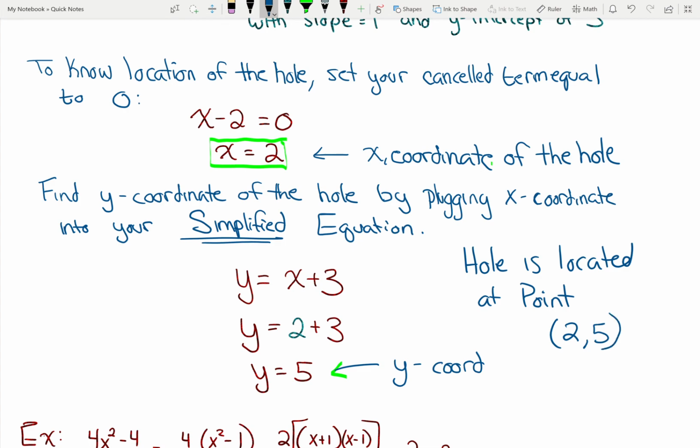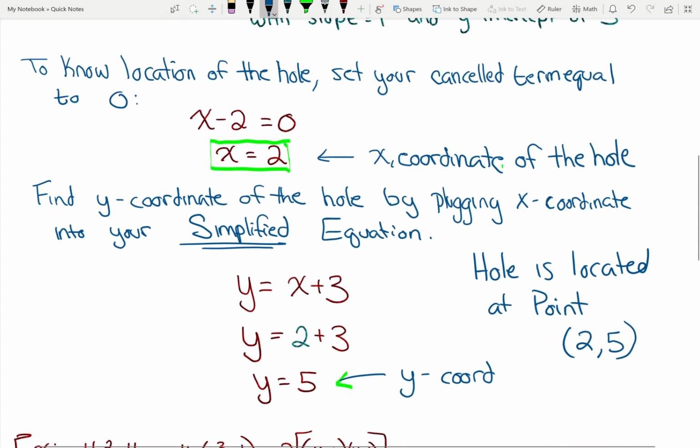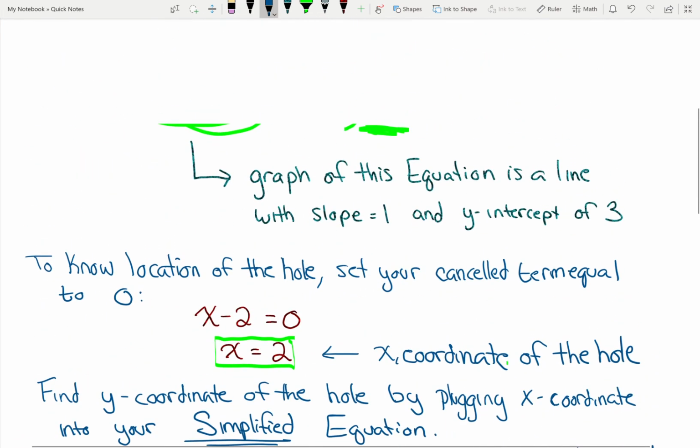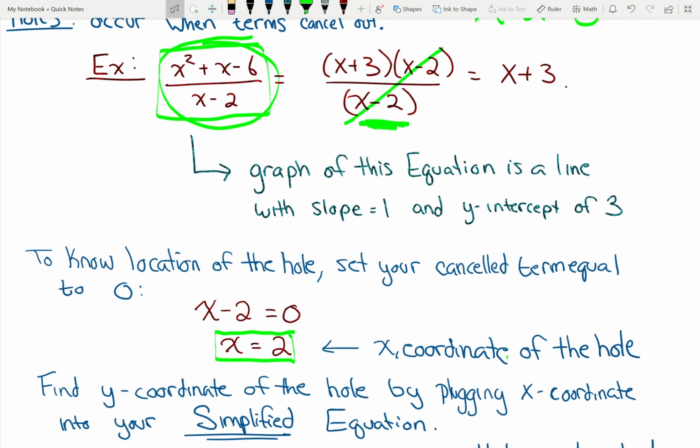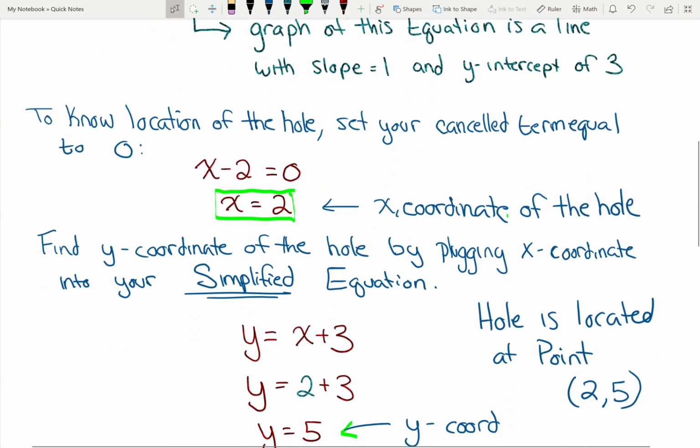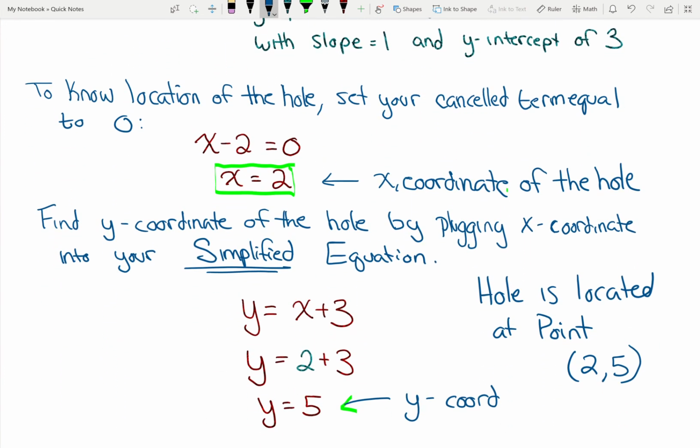Okay, so this complicated rational function, x squared plus x minus 6 divided by x minus 2, once we simplify, what it looks like when we graph it is just a line with slope 1 and y-intercept of 3, but it has a hole at (2, 5).